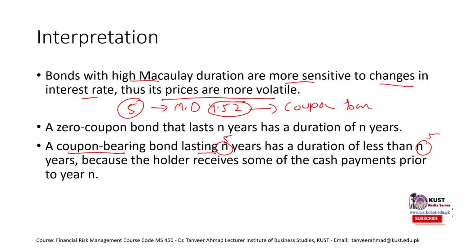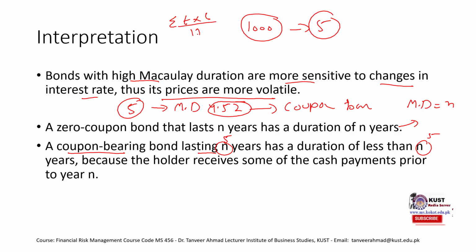But in case of a zero coupon bond, the Macaulay duration would be equal to the bond's maturity, which is n. So if there was a bond whose face value was 1000 and its maturity is in 5 years, because it is not paying any coupon, then this part of the equation, which is t into c divided by 1 plus r raised to power n, we do not need to solve for this part of the equation, because there are no coupons.